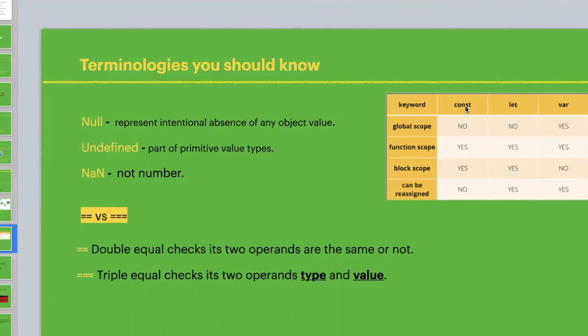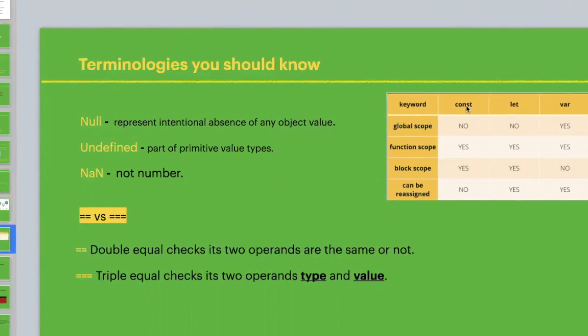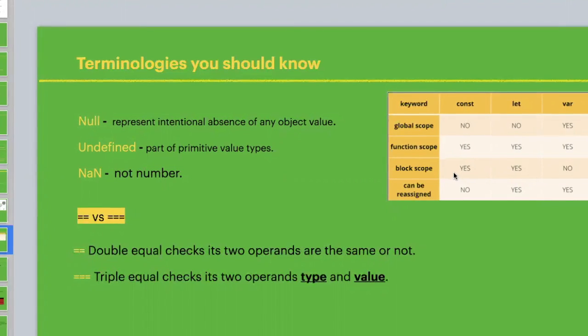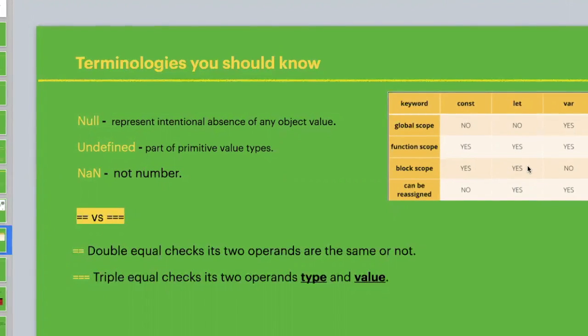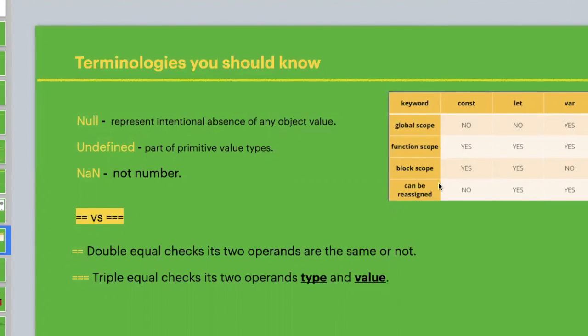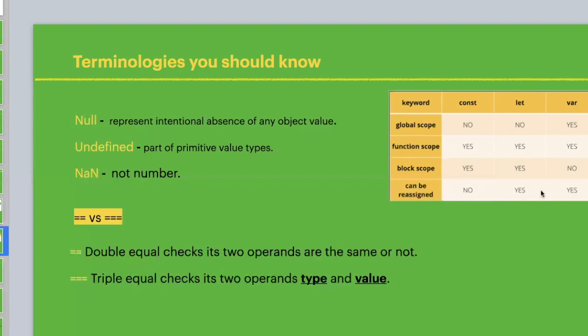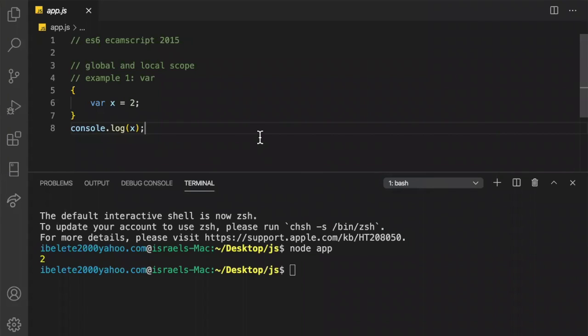You cannot change the value once you assign it in the beginning. This is a little bit confusing. We're going to look at the meaning of reassigning. So that's var.